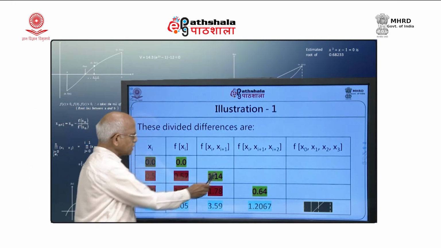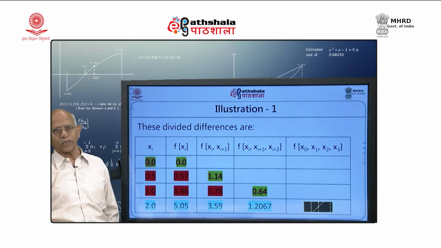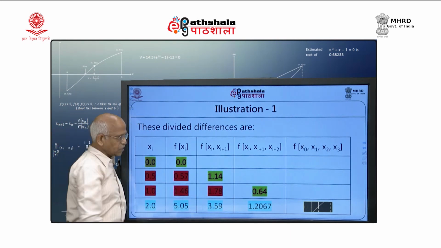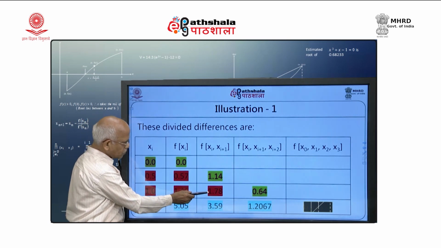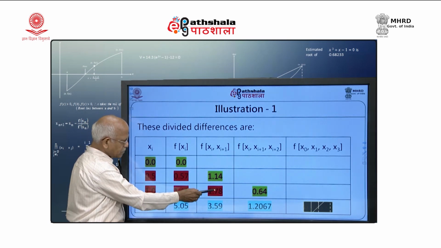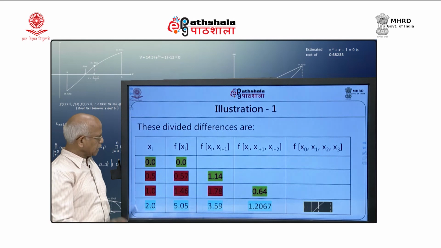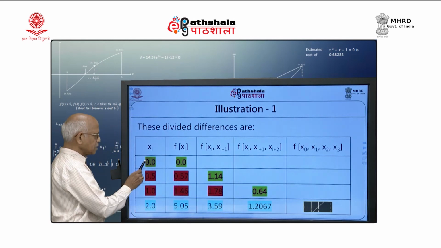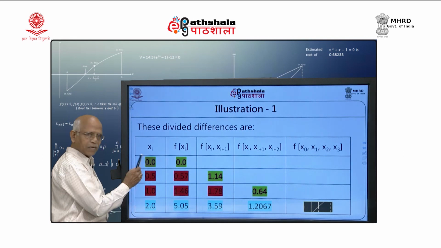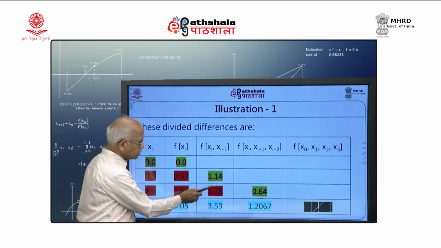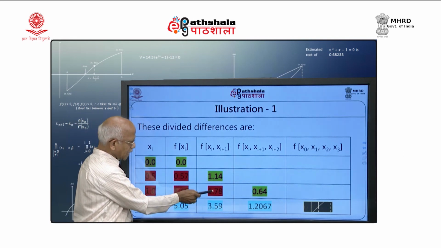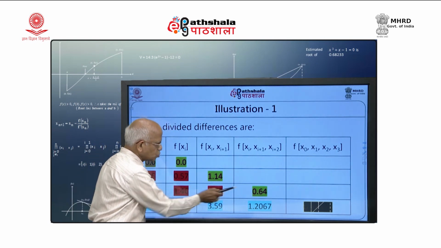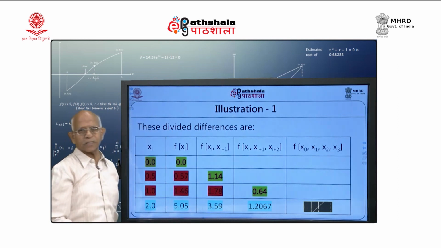Now, if you are trying to get the second divided difference, what do I have to do? I have to take the difference of this and this: 1.78 minus 1.14 divided by the corresponding x2 minus x0, which is 1 minus 0. So, division by 1 means it will be simply the difference of these two, which is nothing but 0.64.